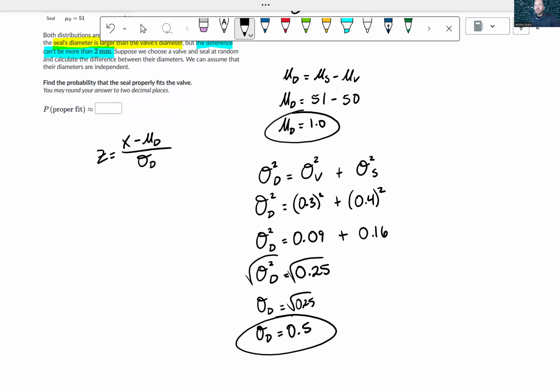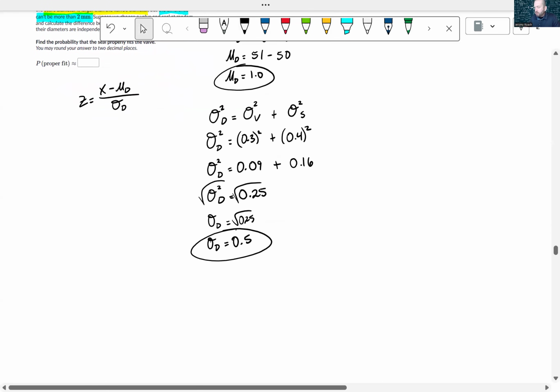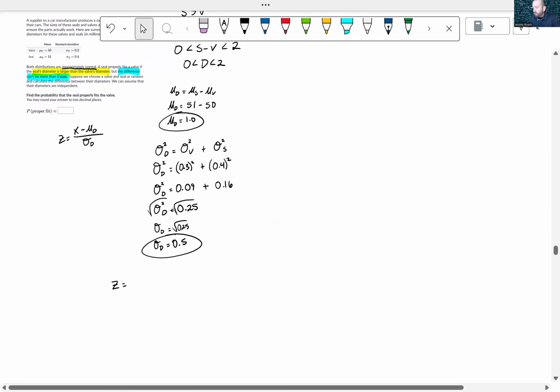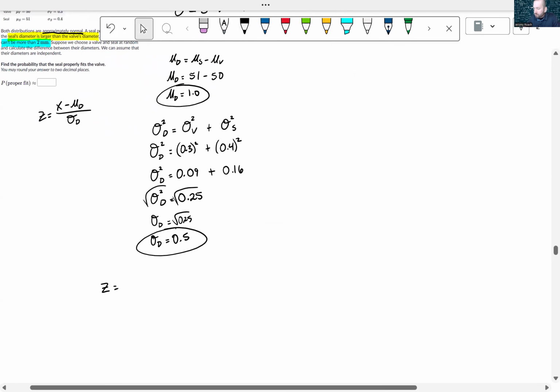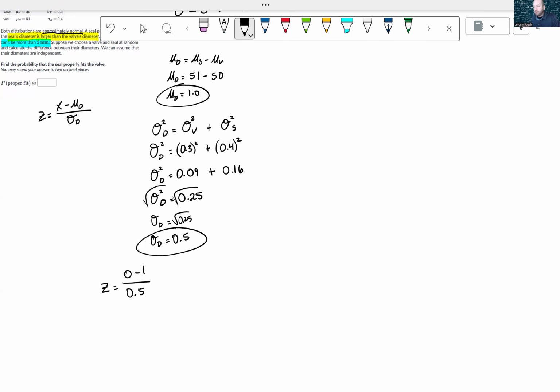Okay, so now we're going to find our two different z-scores. We want the z-score for our first value. Our first value is if the difference in the seal and the valve is 0. So when x equals 0, so 0 minus 1 over 0.5. And we just plug in these numbers from what we have.